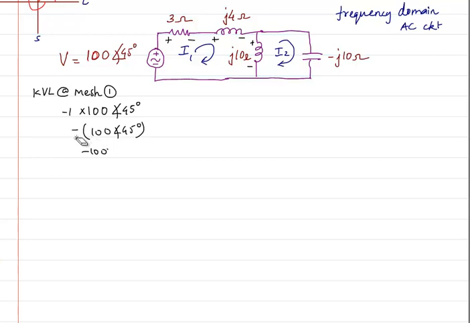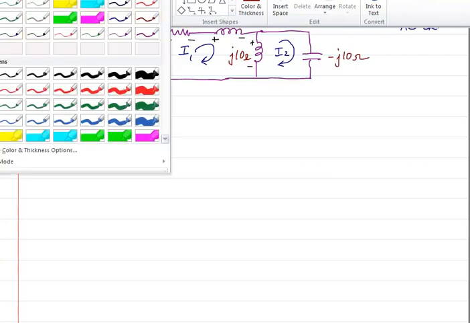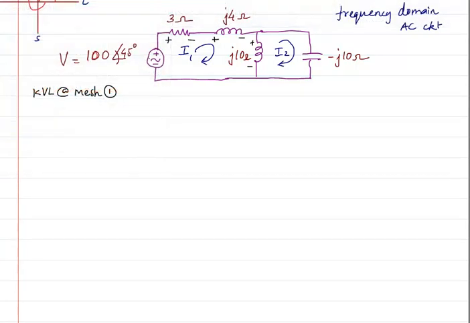But you can even follow the minus with a bracket, which is okay for a calculator, this second way. But never use the method of minus 100 directly. So let me rewrite it. I am going from the back of the element, so it is going to be minus of 100 angle 45 degrees. In the calculator also you should use the bracket.